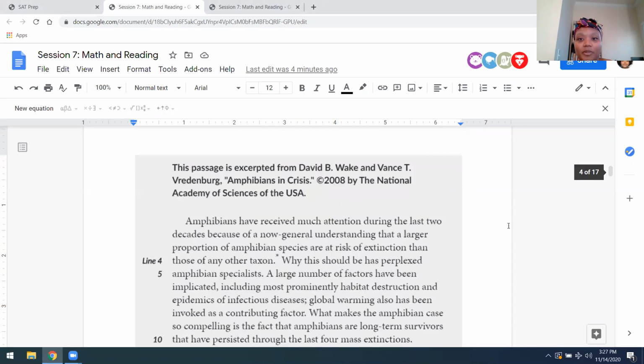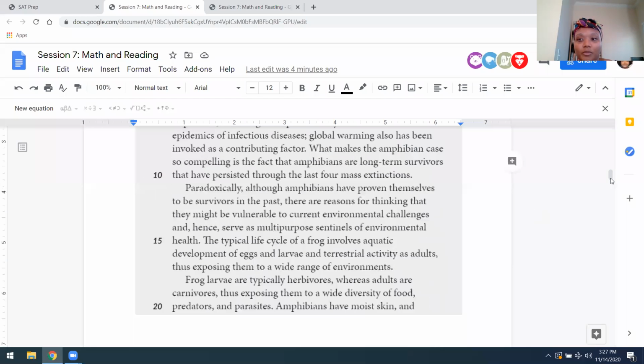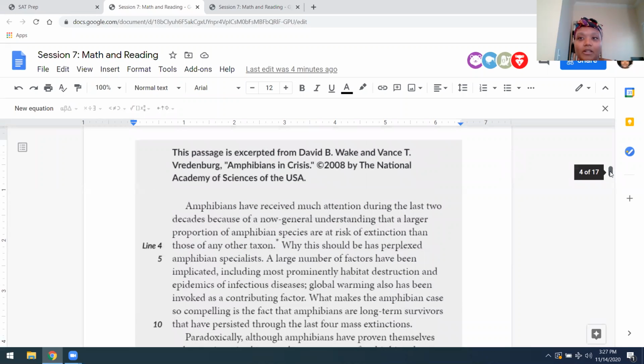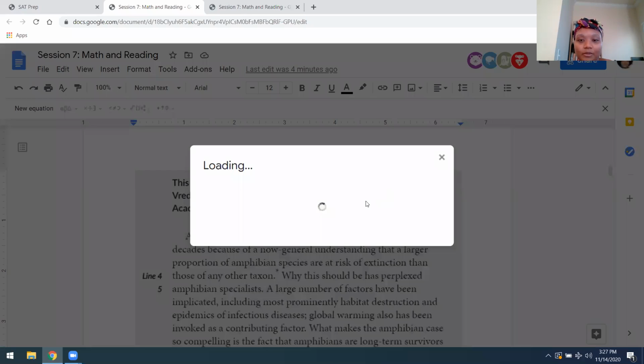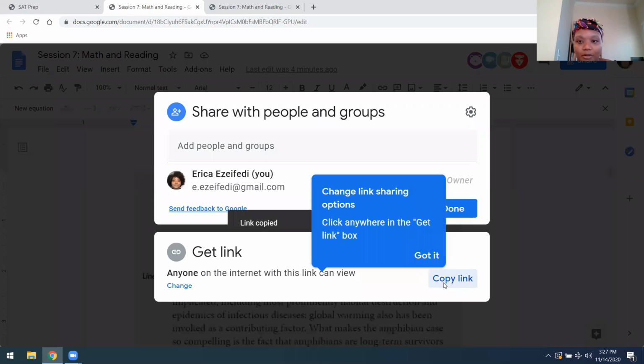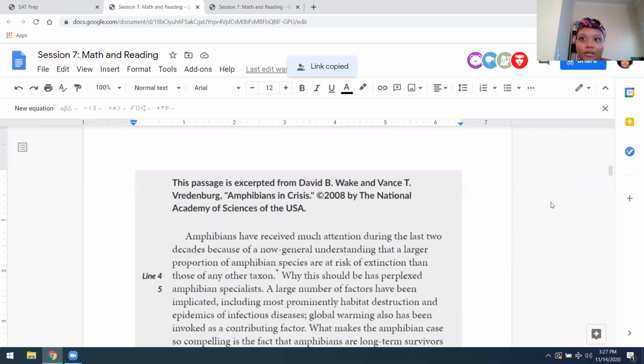But again, it's better to look at it on your own computer, honestly. It's just really hard to read it from mine. I'll put it in the chat too, just for convenience.